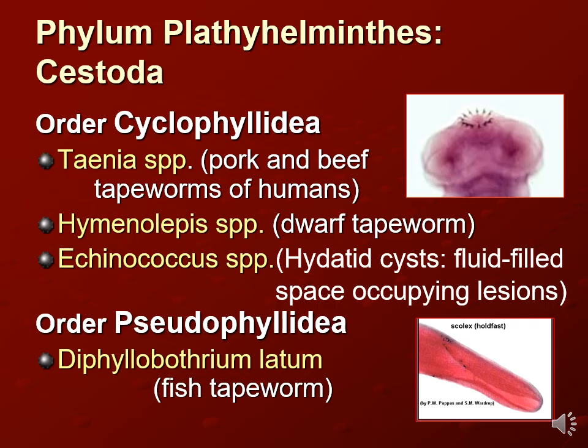Echinococcus species, this is the cause of hydatid cysts, which are fluid-filled, space-occupying lesions that we shall describe in detail. The order Pseudophyllidea includes Diphyllobothrium latum, which is the fish tapeworm.